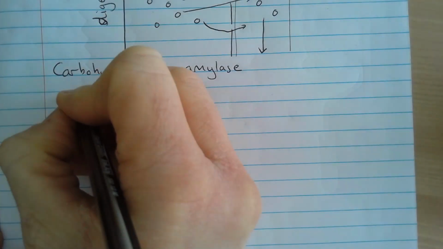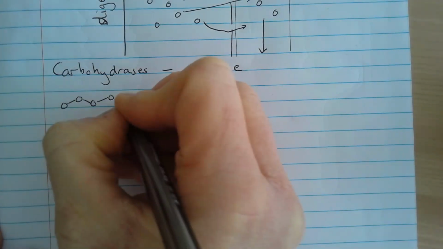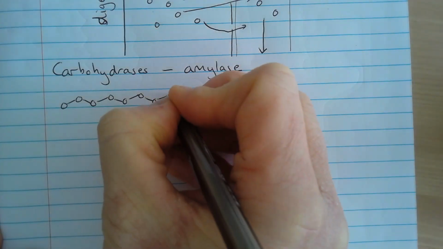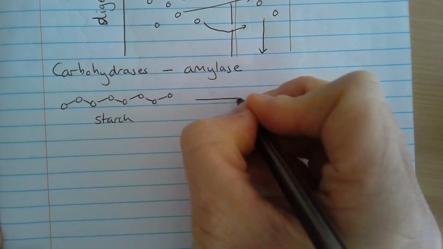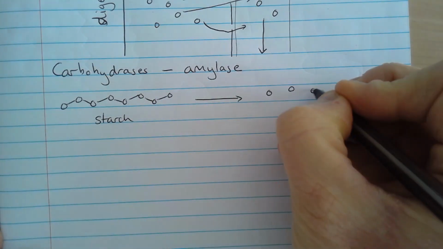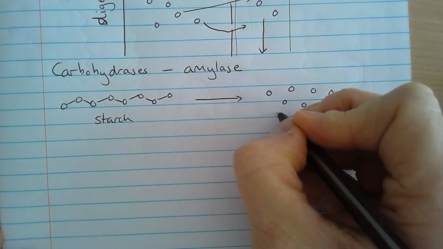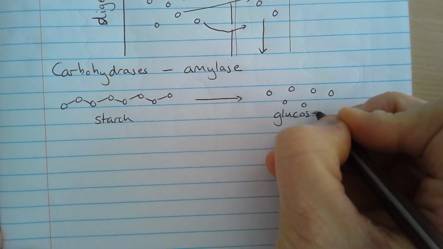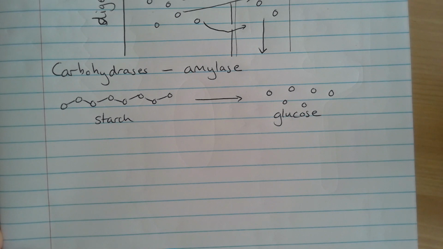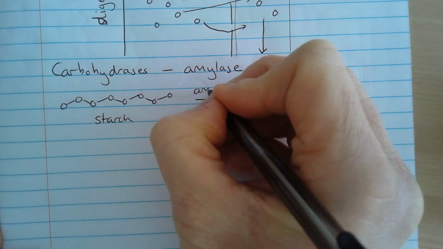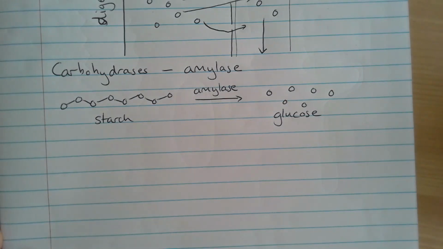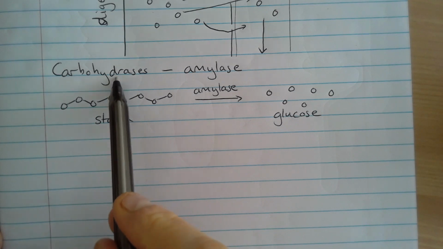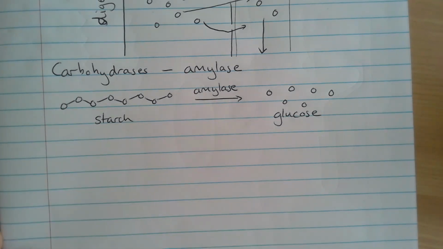Carbohydrases break up long carbohydrate molecules such as starch into small food molecules, in this case called glucose. Now, the enzyme that carries this out, in this case, is called amylase, and amylase is a type of carbohydrase. It would be okay for us to use either the word carbohydrase or amylase in this case.